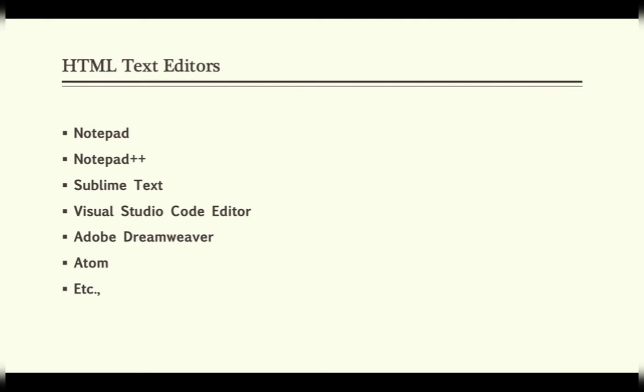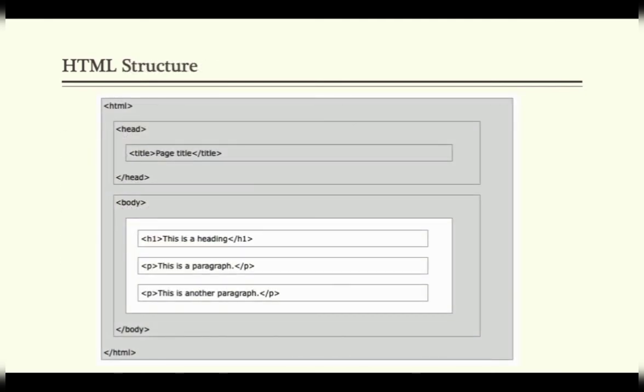And the next one, HTML structure. The HTML structure follows the format of a human being's body structure. That means a human being's head gives instructions on how the body should react. In the same way, the header portion of the HTML structure gives instructions on functionality and designs.